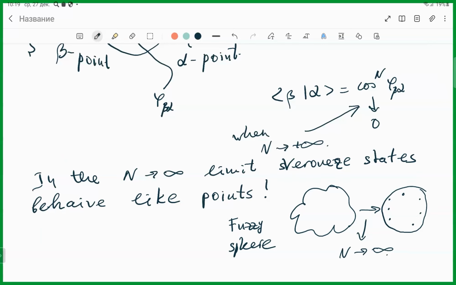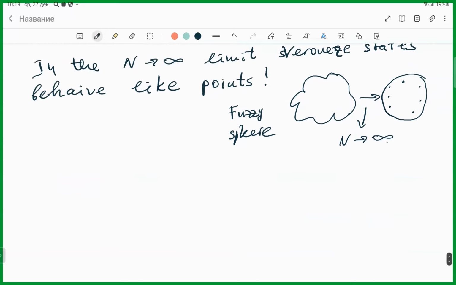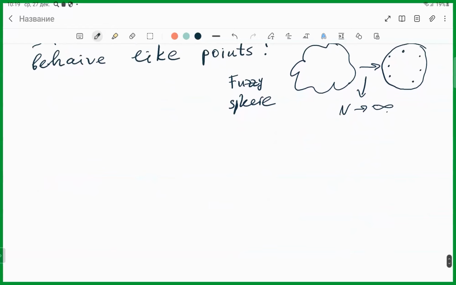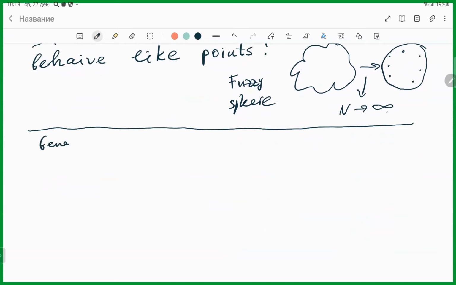Okay. How can we generalize this example?